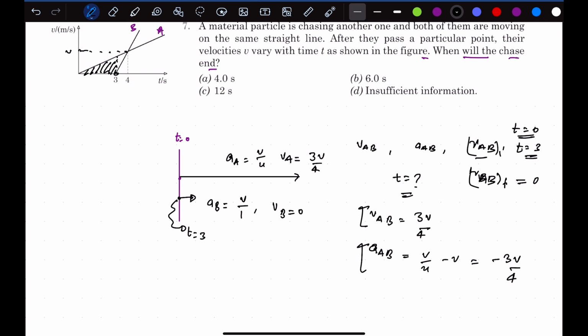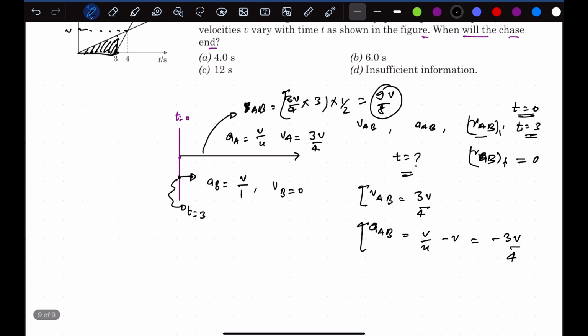So till t equals 3 seconds, the position of A with respect to B becomes: this value is 3v by 4, this value is 3, and this is a triangle, so 1 by 2 times 3v by 4 times 3. So it becomes 9v divided by 8. This is the initial position, and the final position is 0. So the displacement of A with respect to B is basically minus 9v by 8.